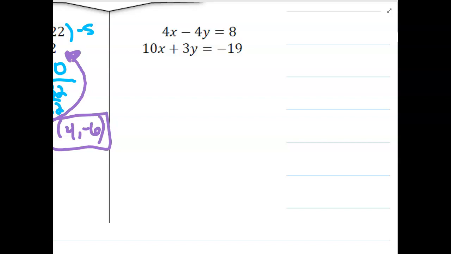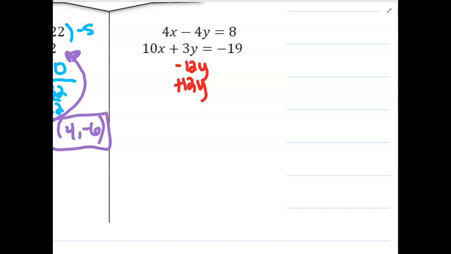You're kind of looking for the least common multiple of 4 and 3. Kayla? 12. Right? And you're saying, I don't want them to both be 12 because those won't cancel out. Since this is already negative, I'm going to make that first equation a negative 12y. And I'm going to make the second equation, since it's already positive, a positive 12y. See how those will cancel out?